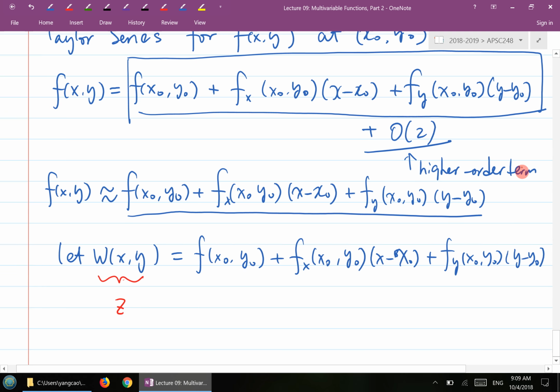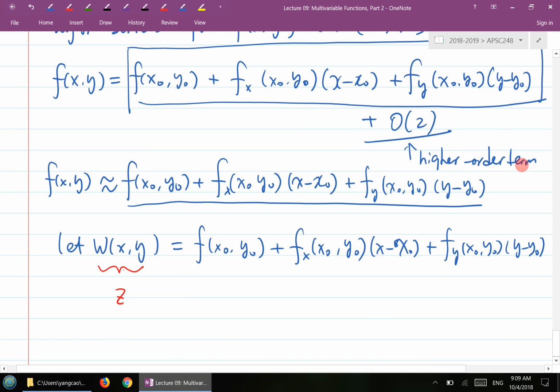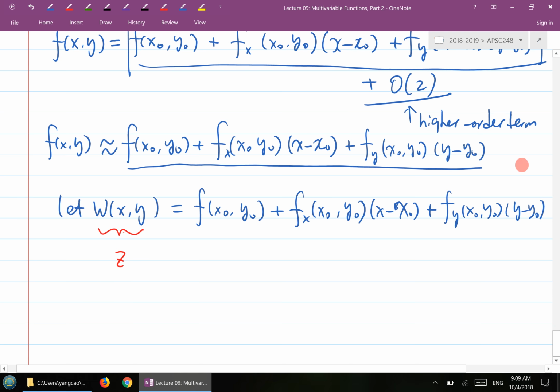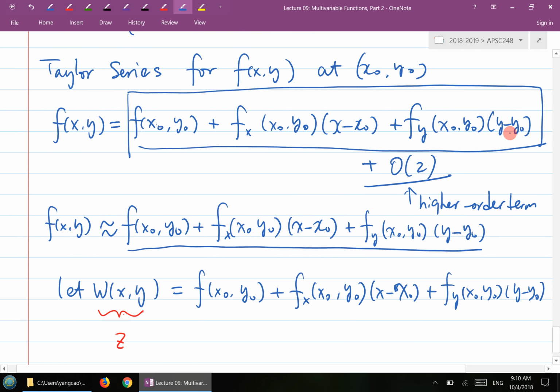Now, if you look at this one here, it should actually remind you of something. Remember the formula for the plane equation? The formula for the plane equation is A times (x minus x naught) plus B times (y minus y naught) plus C times (z minus z naught) equals 0. That's the formula for the plane equation, isn't it? So if I compare, basically this is your first three terms of the Taylor series expansion.